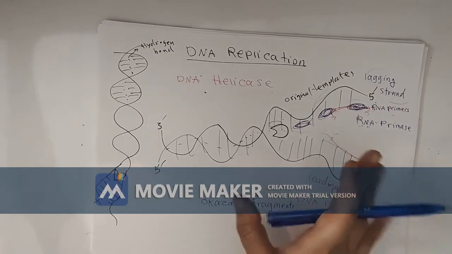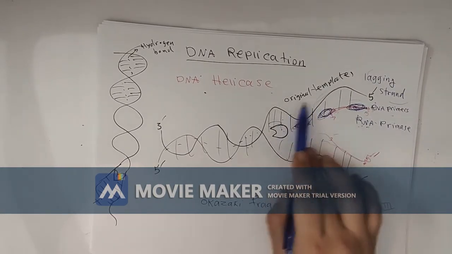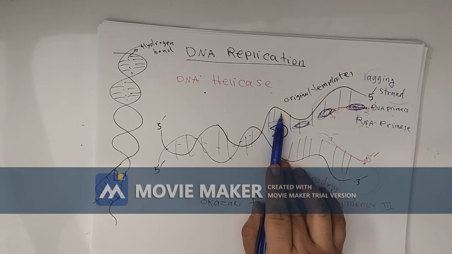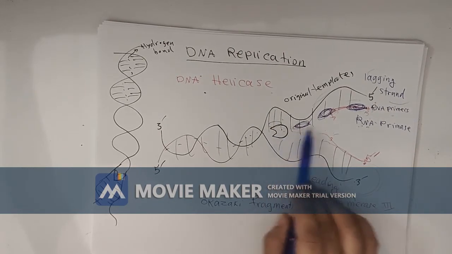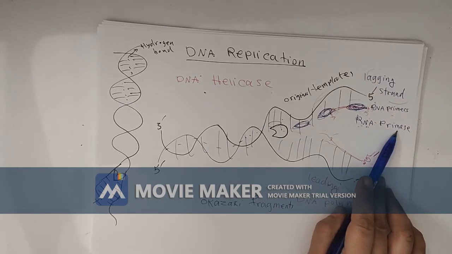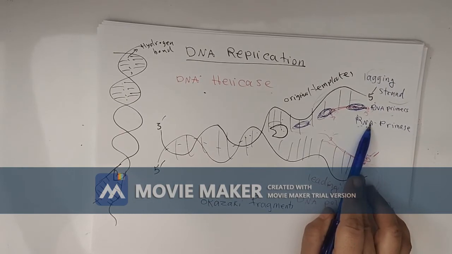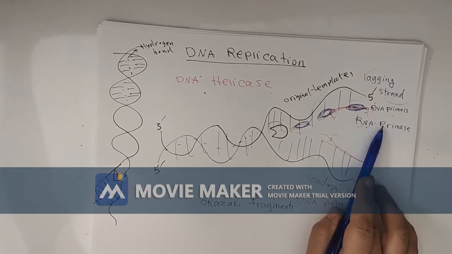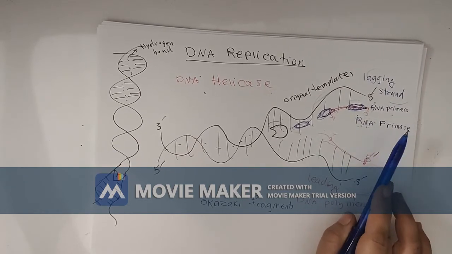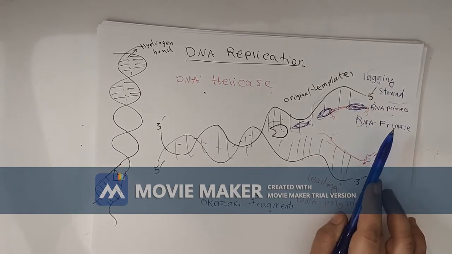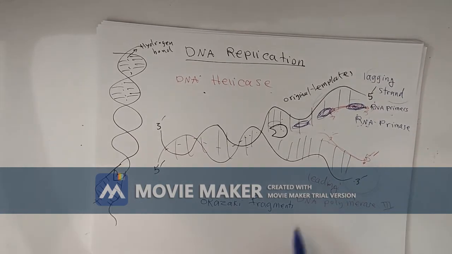But these Okazaki fragments are not alone on the lagging strand. They are accompanied by the RNA primers, which are extra. There is no need for them anymore, so we have to get rid of them. What molecule is doing that? DNA polymerase 1.